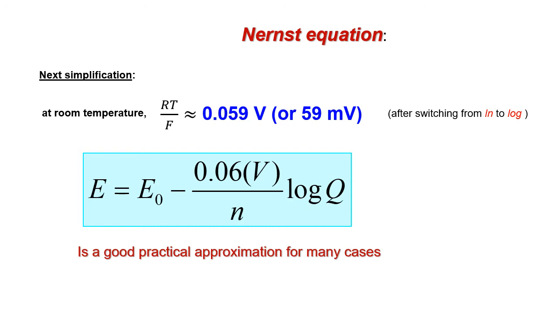So the equation for practical use can be written as: potential equals E0 minus some coefficient close to 0.06 volts divided by number of electrons, multiplied by decimal log of Q. This is a good practical approximation for many cases.